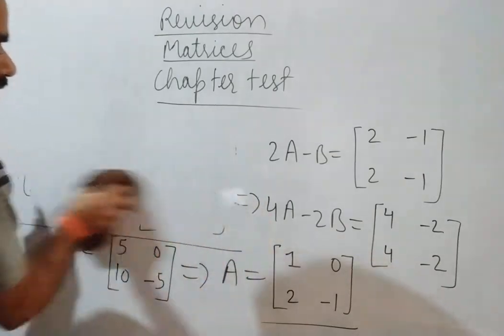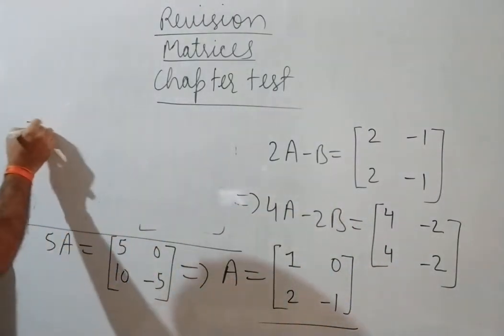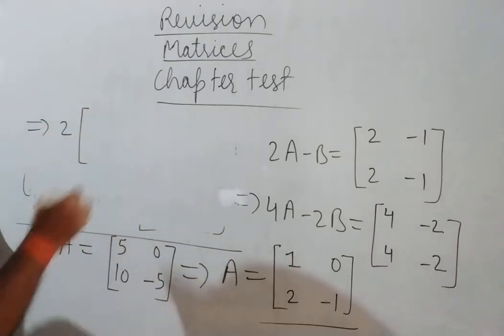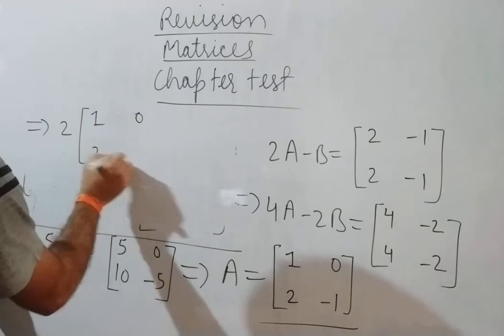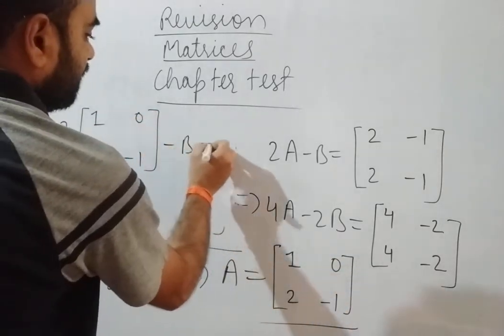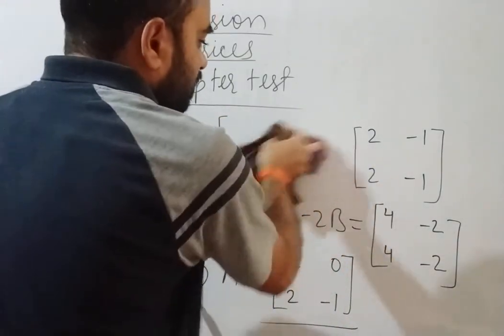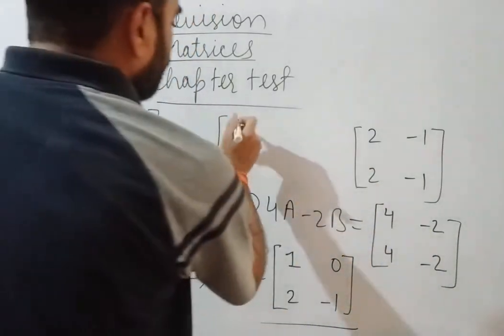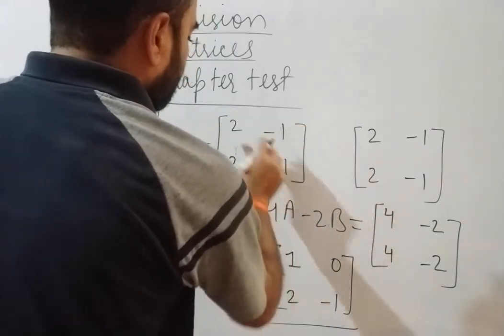Correct? So suppose I am taking the second equation. Now put the value of A matrix. So 2 times matrix A, matrix A is [1, 0; 2, minus 1], minus B is equal to this matrix [2, 2; minus 1, minus 1]. Correct?